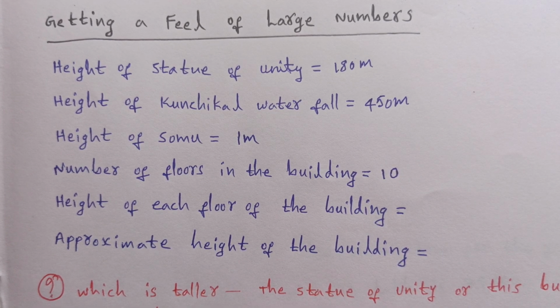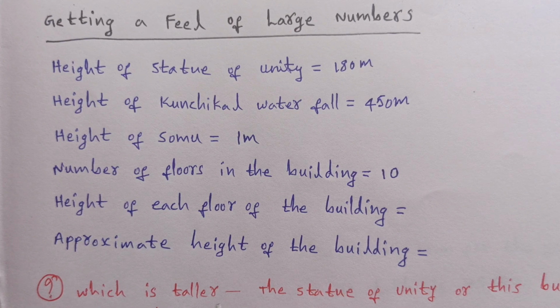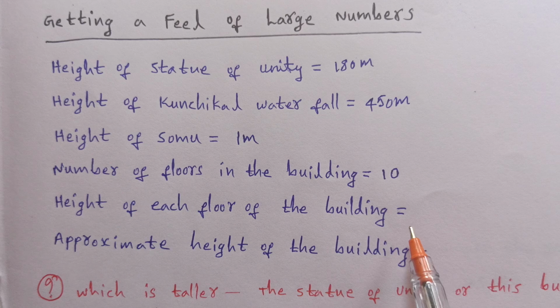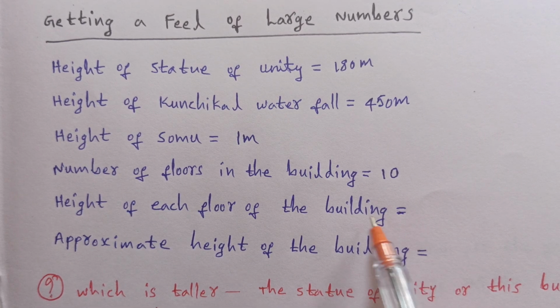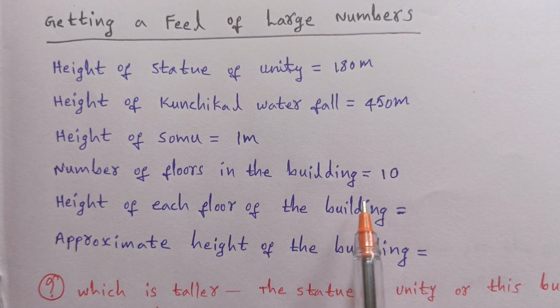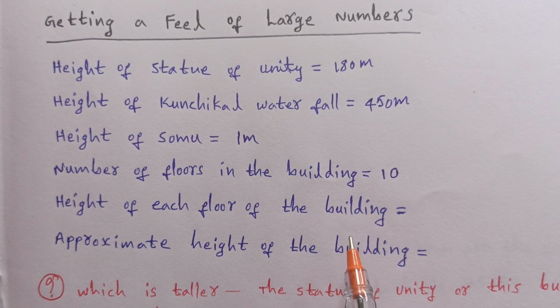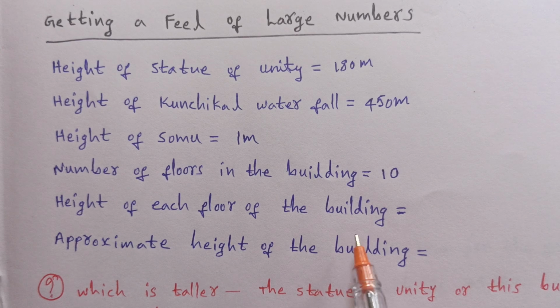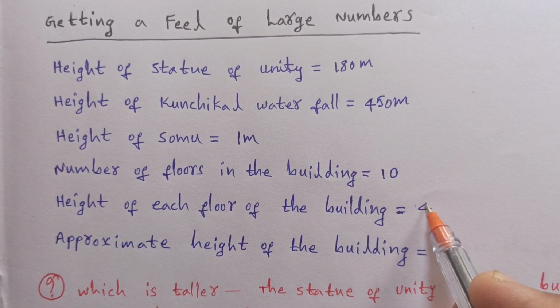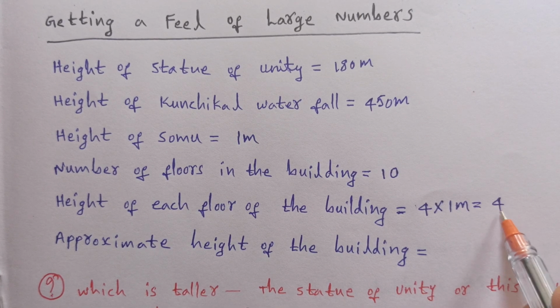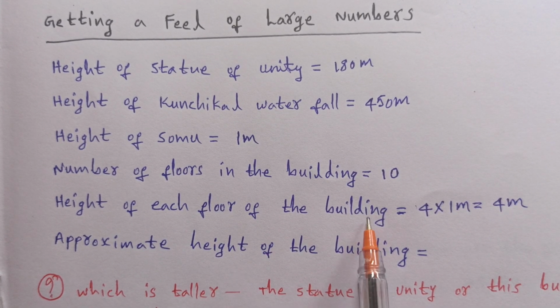You can also count from the textbook figure. Next, height of each floor of the building. Each floor height is approximately 4 times the height of Somu. So that means 4 into 1 meter, that is 4 meters. So this is the height of each floor.